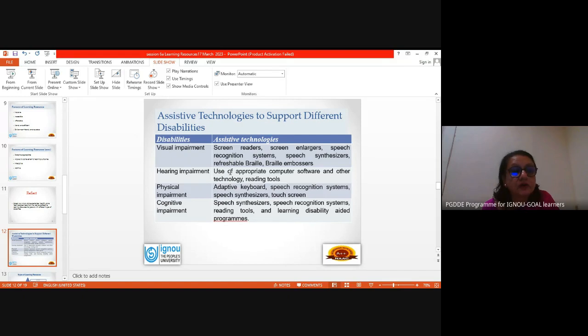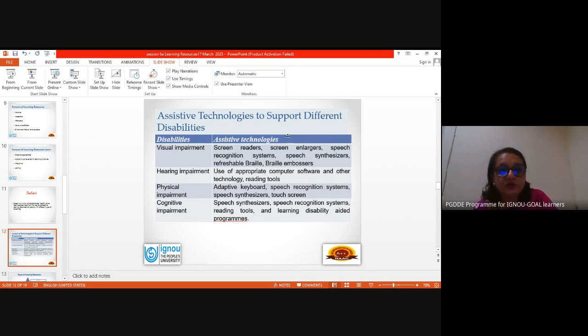We might be talking about screen readers, screen enlargers. Even on websites now, you see a button where the font can be enlarged. These are all facilities that technology has brought, and they are able to help us. Speech recognition systems are there. And I have seen my colleague also. He has his braille materials with him, which help him to read.